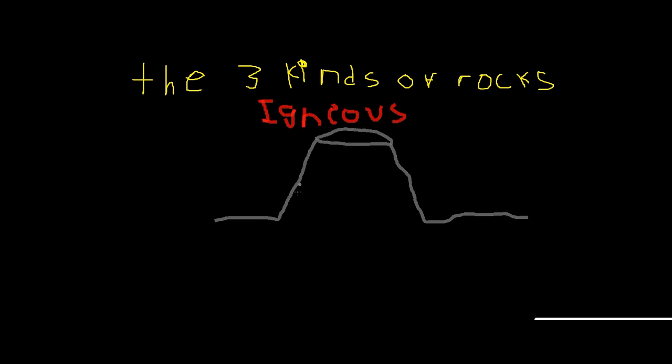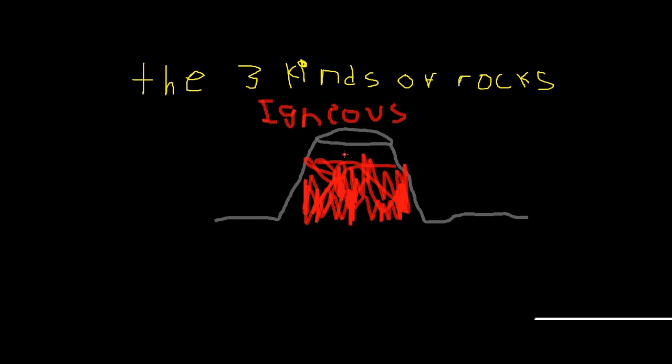What essentially happens is we have magma inside of a volcano. So we have all of this magma inside the volcano, and essentially when the volcano is ready to erupt, the magma will come out.